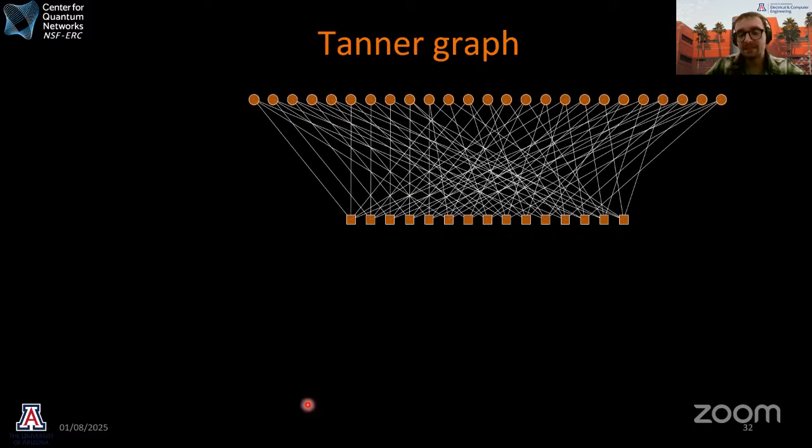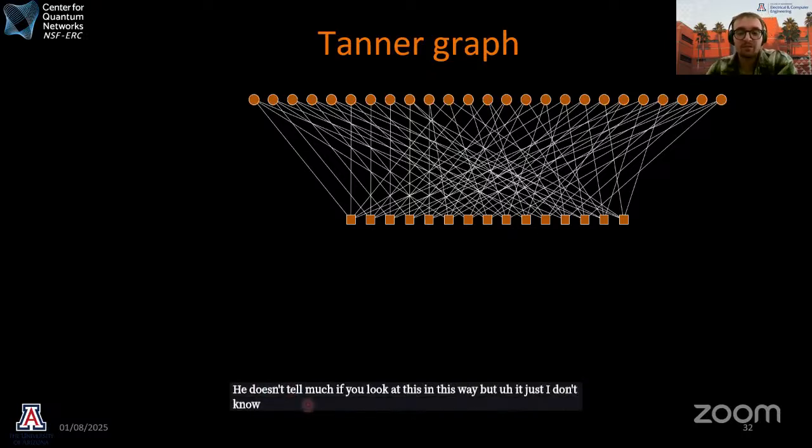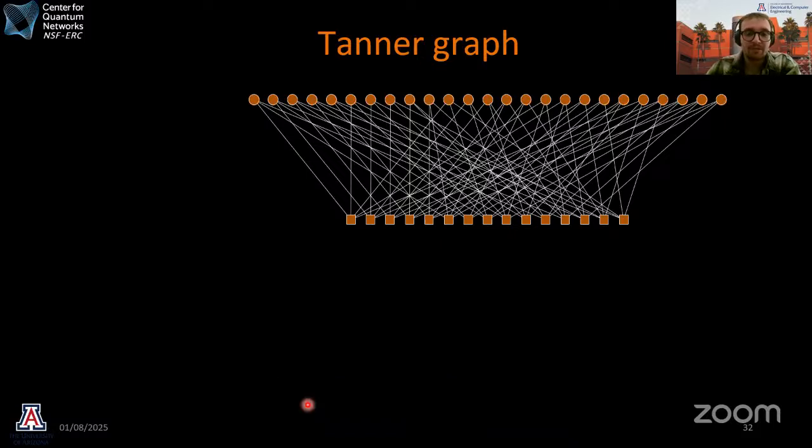And this is a more realistic example of the Tanner graph of the parity check matrix of an LDPC code. It doesn't tell much if you look at it in this way, but I just thought it was nice to see how a real Tanner graph looks.